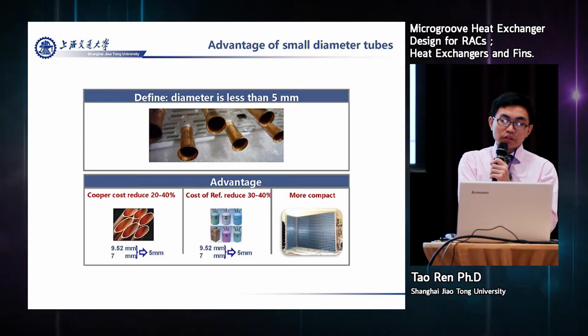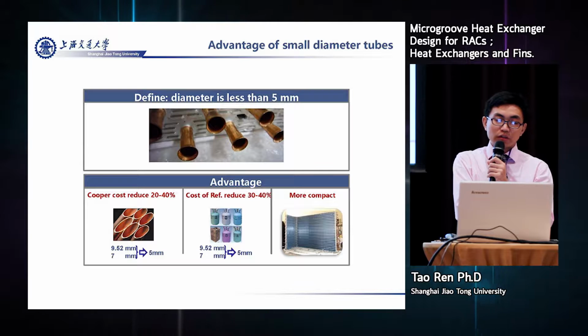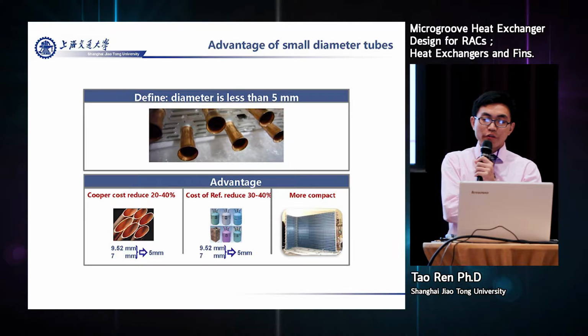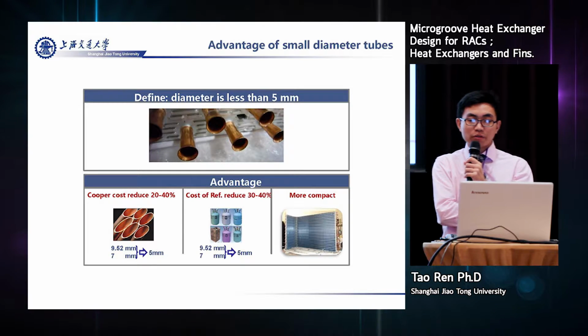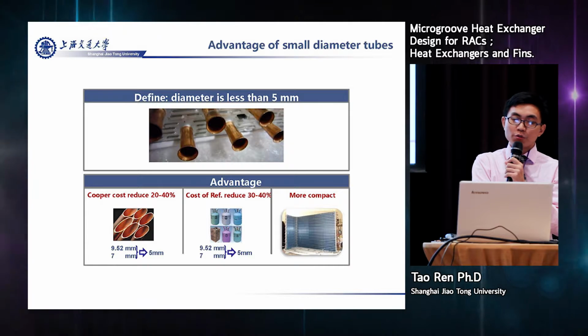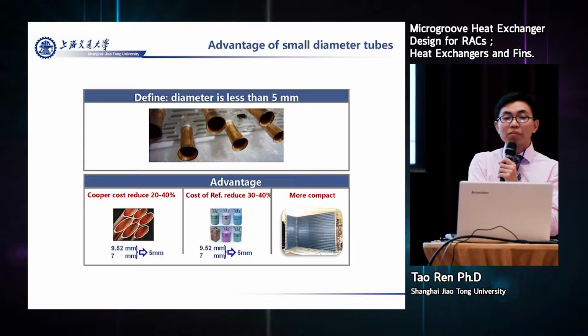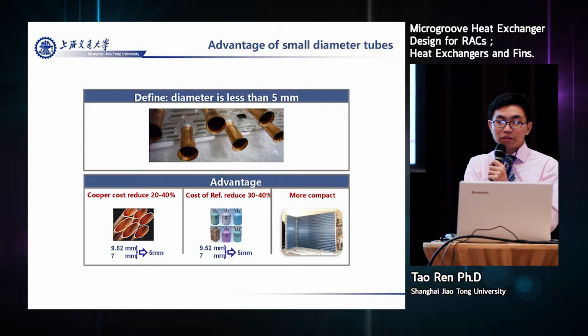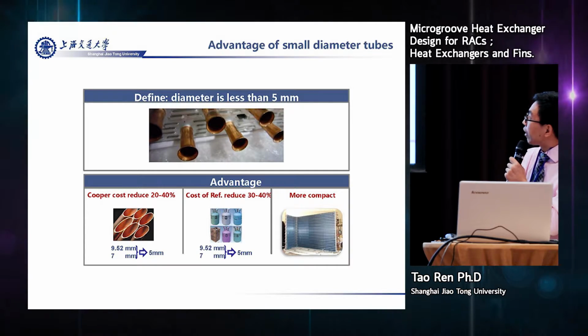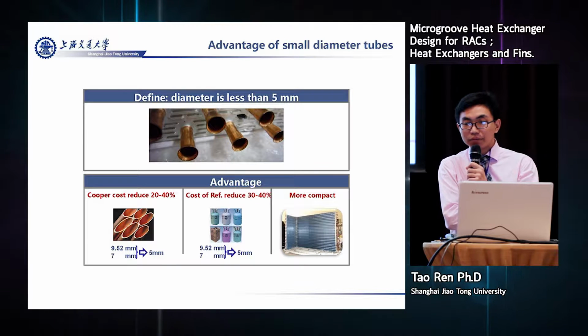Another advantage is the cost of the refrigerant. The cost of refrigerant will reduce 30 to 40% when we switch from 9 millimeter or 7 millimeter to 5 millimeters. And more importantly, the 5 millimeter is more compact.